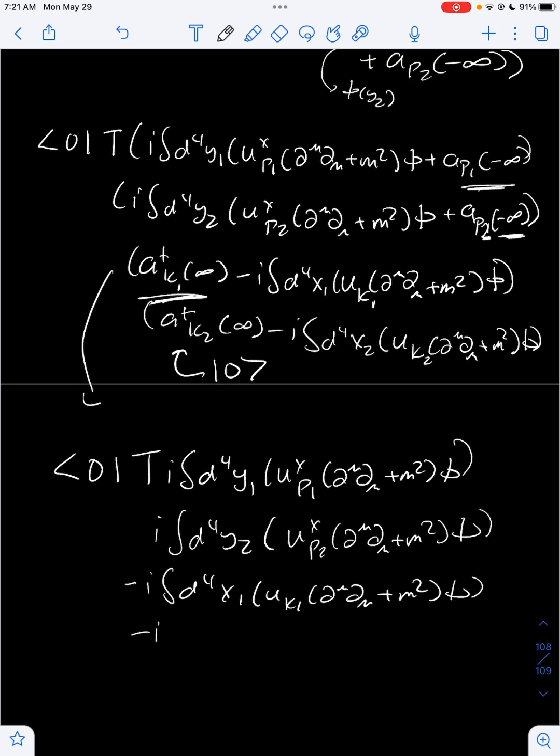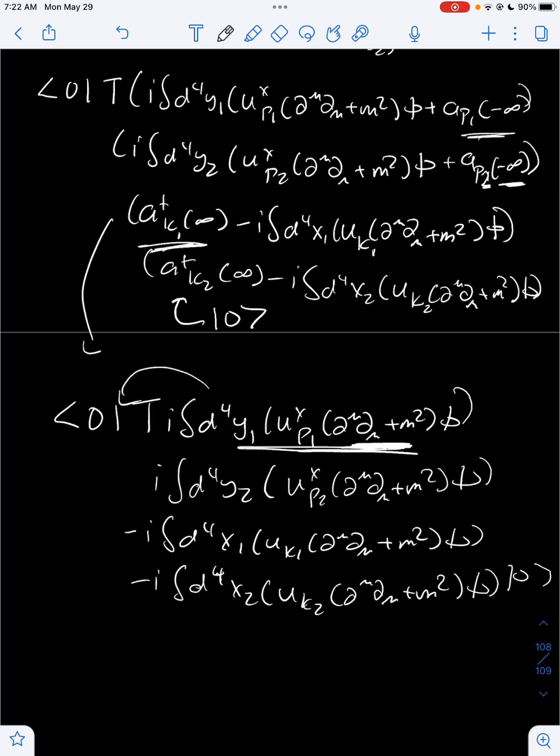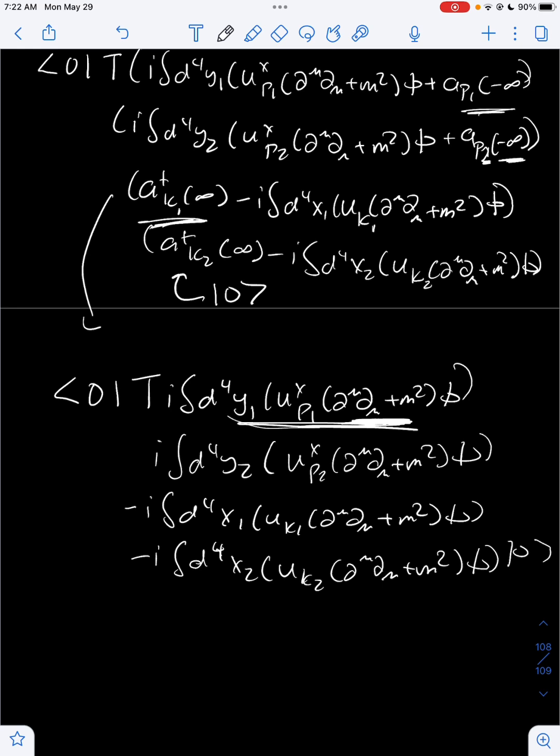So then minus i, these terms, right? Everything here that's not a quantum field can go to the left of the time ordering operator, because time ordering does not affect it, since these don't depend explicitly on time, whereas the field does.